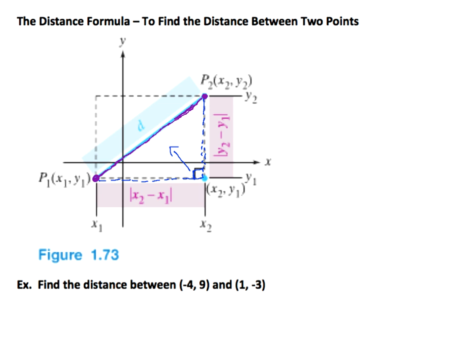So the first thing that we have to do is find the length of the legs of the right triangle. So this first leg is in the horizontal direction. And anytime you're trying to find the distance between two things, you're actually finding the difference between them.